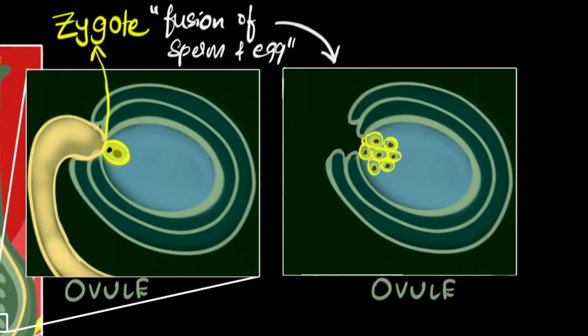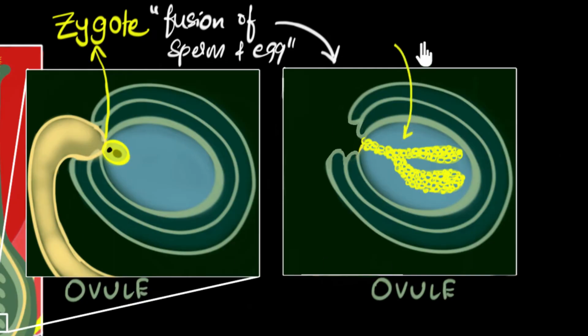Eventually the zygote would have divided into many cells to give us this kind of structure. This structure is now ready to grow a future baby plant. Let me write that down. This structure is now called the embryo.